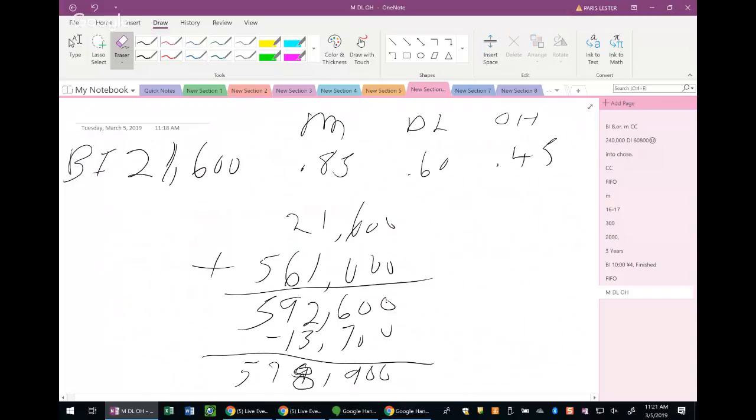Now we can do these figures over and over. So if we had 21,600 units, we started 561, we've got 592,600 to account for. We just accounted for ending inventory and transferred out. That is what went with our 592,600 units.